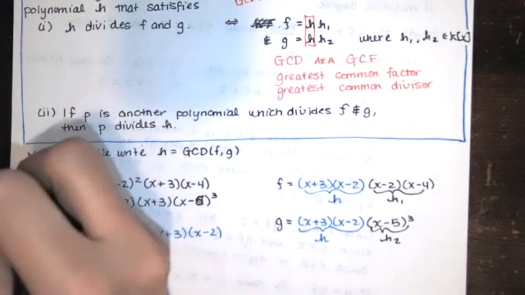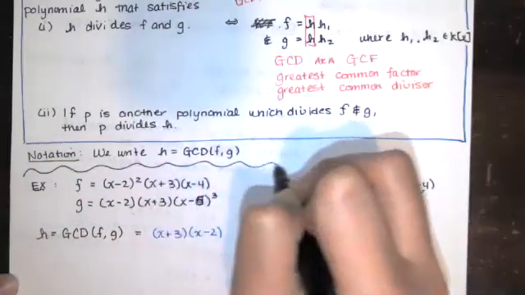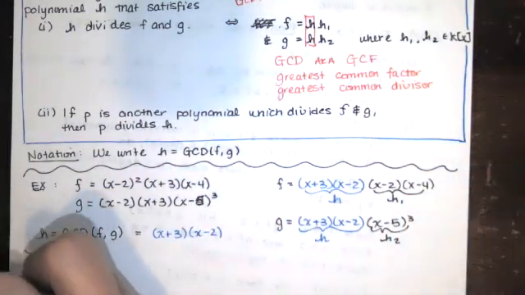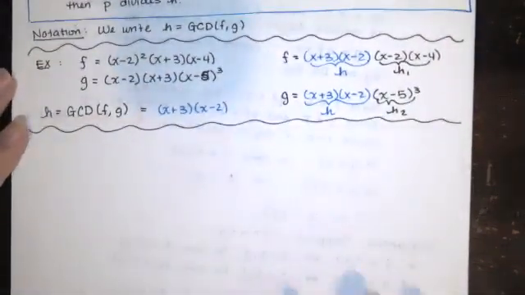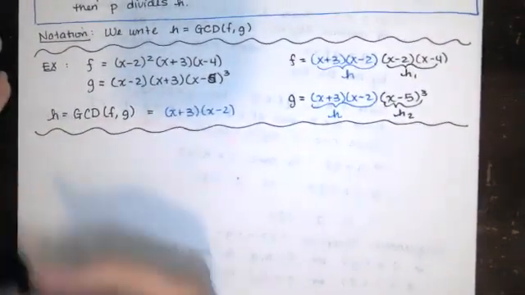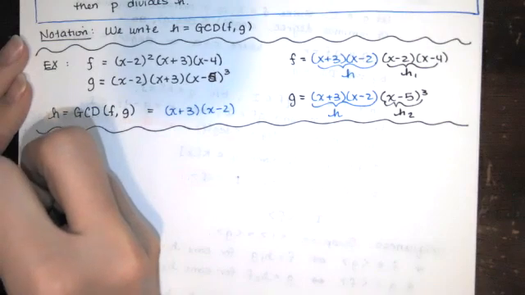Okay, so that little pre-calculus aside hopefully helps us to understand what the GCD is a little bit better before we look at the next proposition. So here's proposition 6.